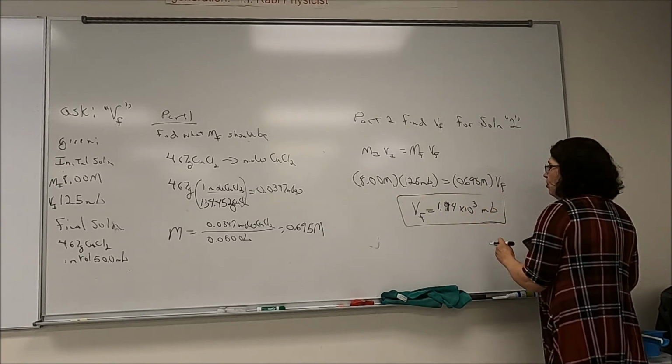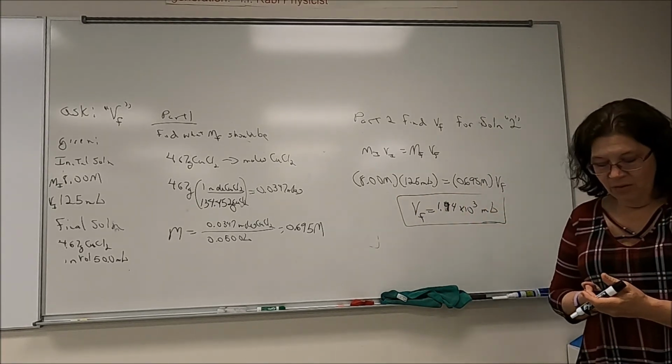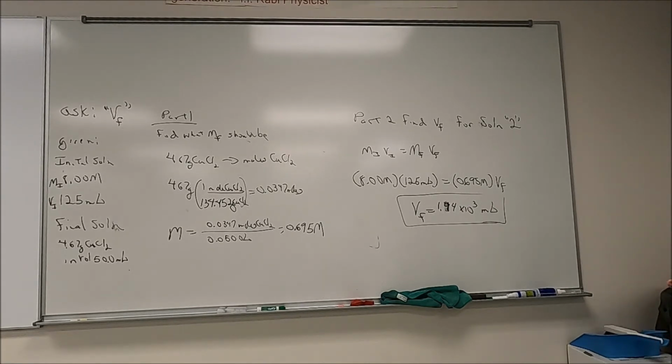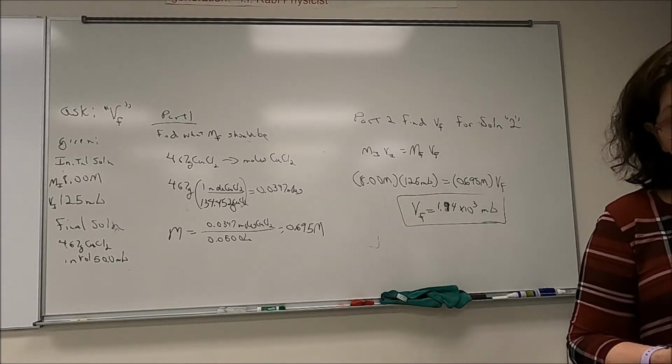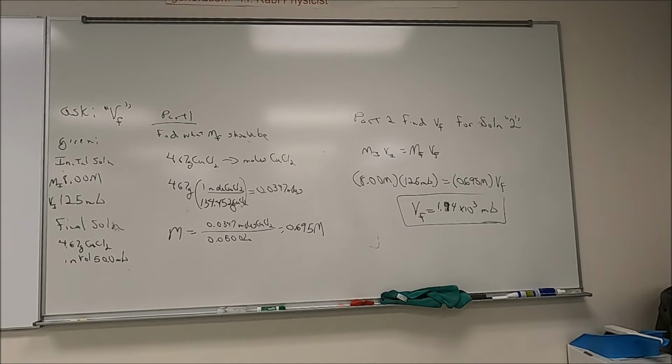So 1,440 milliliters. Okay? So there was a hidden part embedded in this problem. You first had to figure out what molarity you needed for the second solution before you could figure out what volume you needed to dilute to.